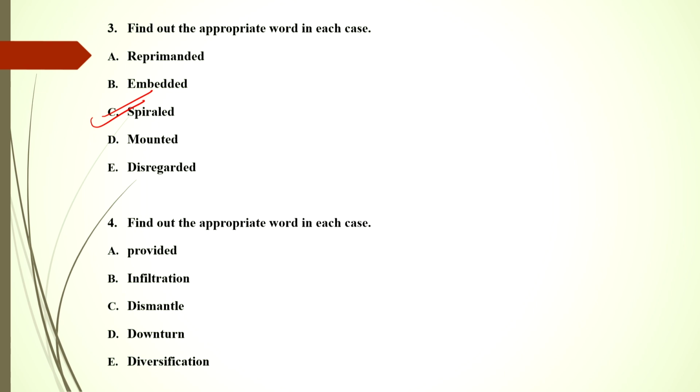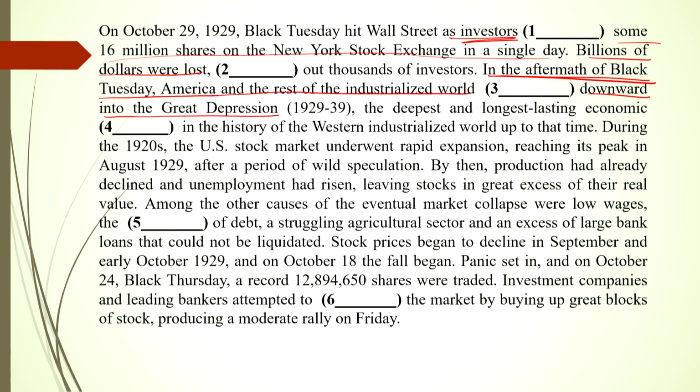Clear? Now, coming to question 4, let's discuss again the line: the deepest and longest lasting economic dash in the history of Western industrialized world up to that time. It is talking about the Great Depression that was caused due to the stock market crash. The line conveys that it was the greatest depression, that is decline in economic, business activity, in the history of the Western industrialized world that it has faced ever.